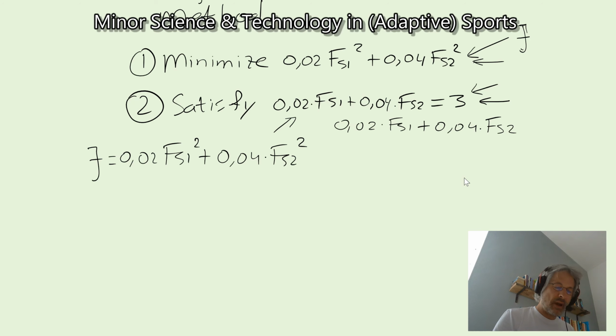And now there's on the right hand side a 3, and we don't want to have that. There should be a 0. And you can do that by putting it on the other side with a minus sign. So minus 3 equals 0. So it has to equal 0. Well, if it is in that form, then you can add it to J. So that is what I'm doing now.